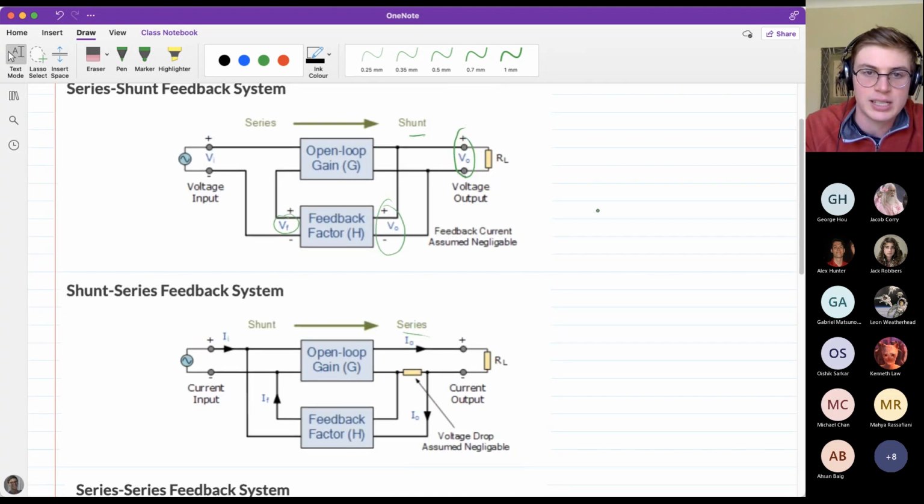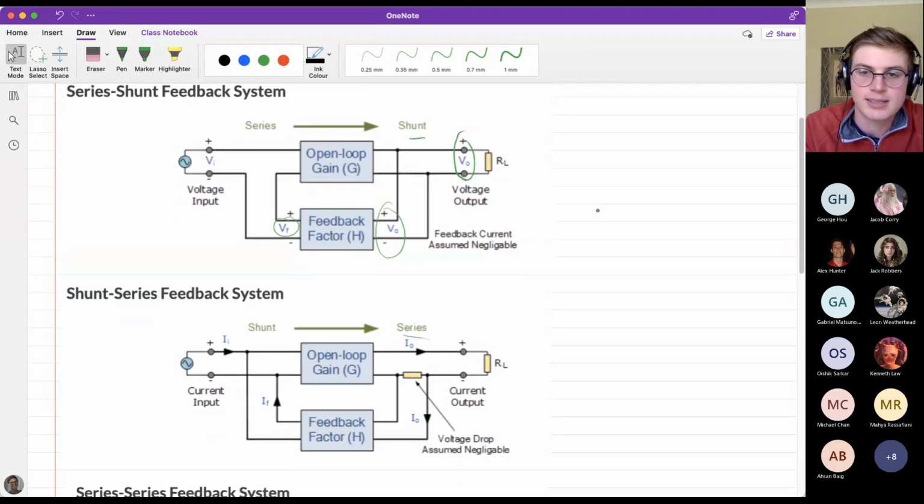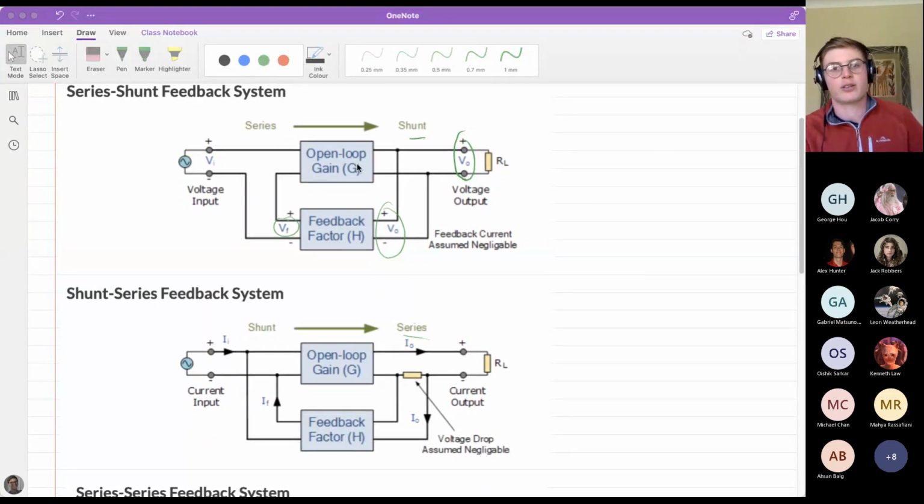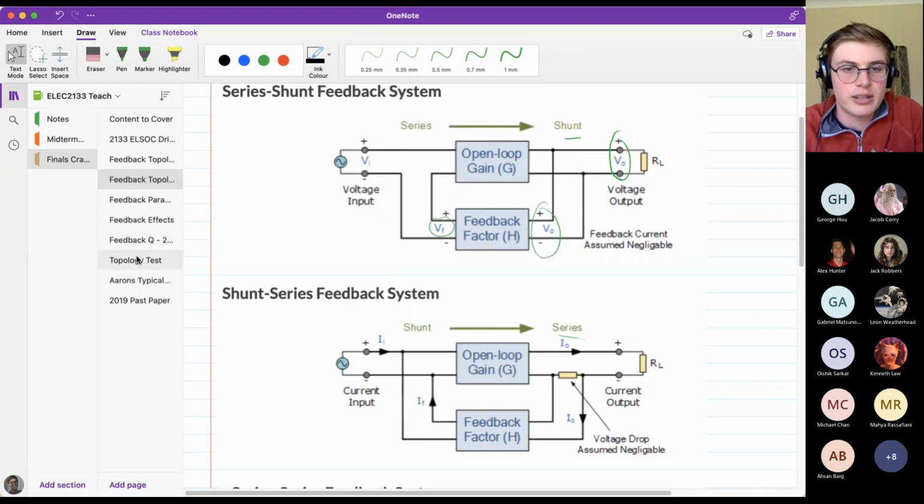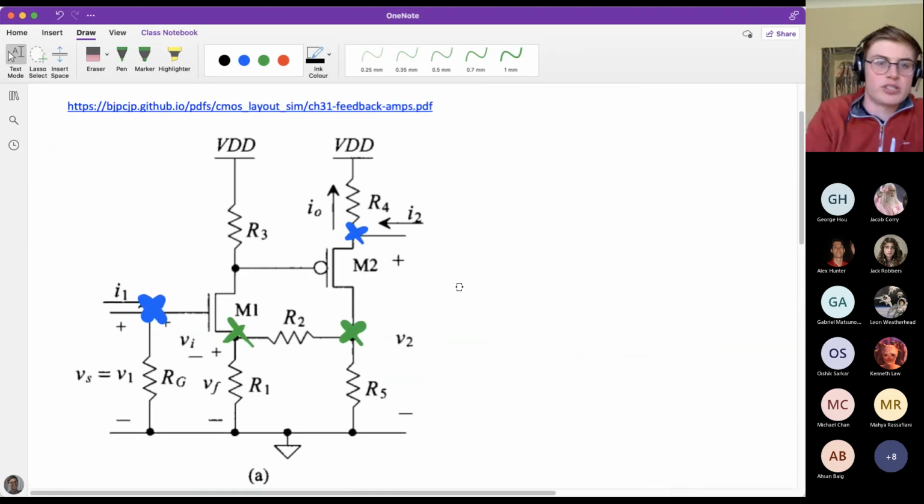What can be a bit tricky is knowing which set of parameters to use. So once you've identified the circuit topology and the feedback network, let's have another test actually. So this one we said was series.